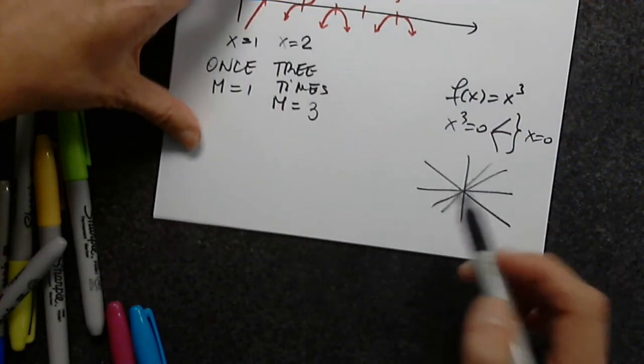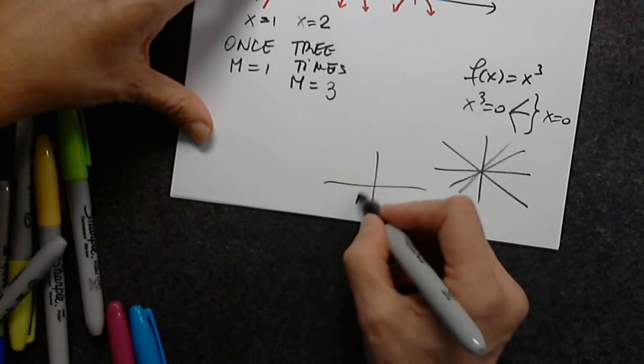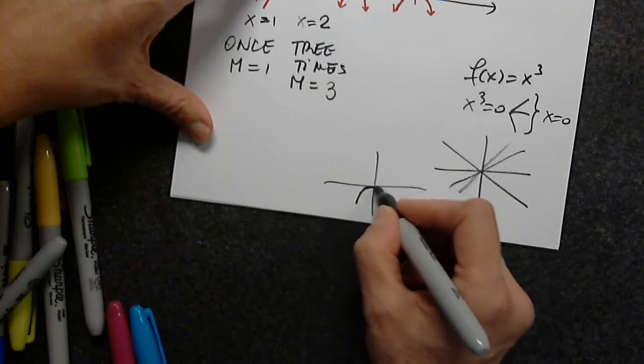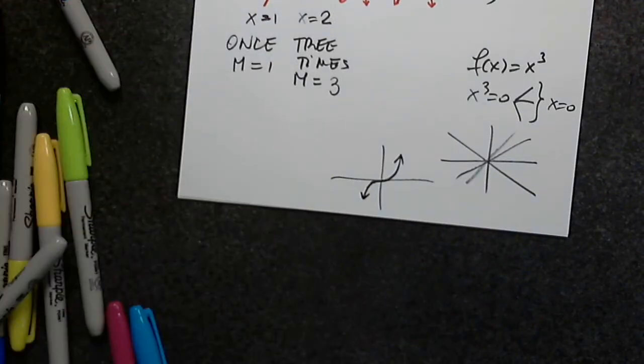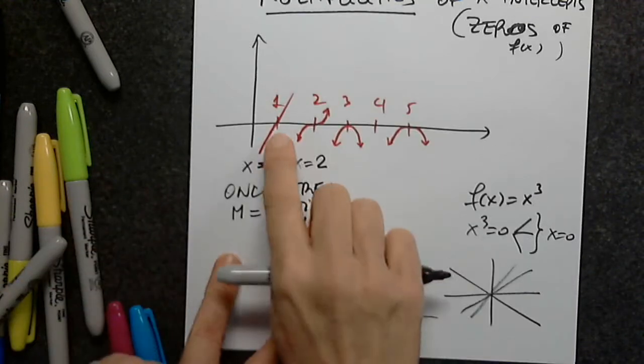That would be incorrect. The graph of x cubed is this. It doesn't mean that the function crosses at the origin 3 times. It only means that it takes its time. It crosses at 0 once, but slowly. Does not do this.